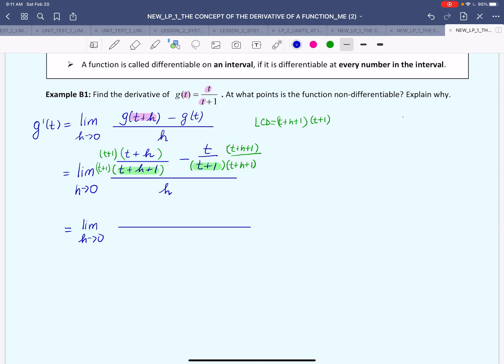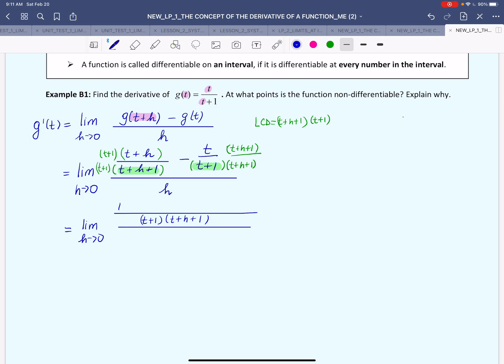Now we can write them under the same denominator, which is t plus 1 times t plus h plus 1. And in the numerator now, we're going to have to expand each of them. Let me make this a little longer.